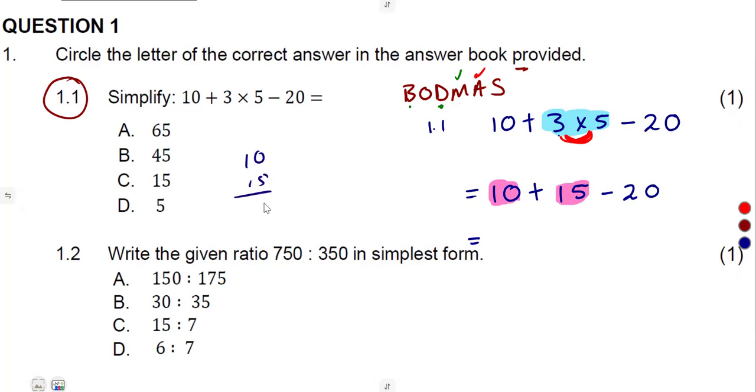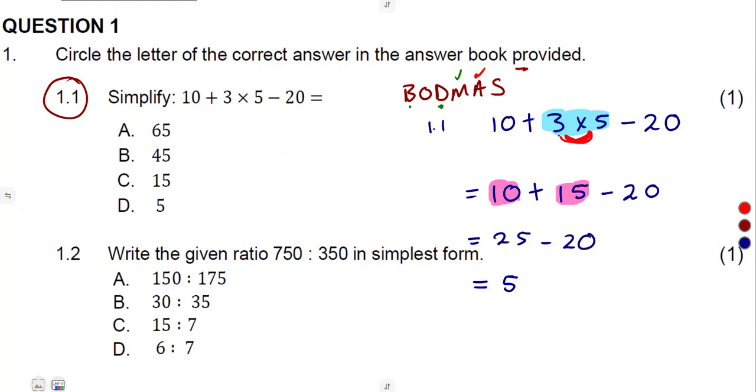You can even use your calculator, guys. So this is 25 minus 20. Then we can consider the subtraction at the end. 25 minus 20 is 5. If you remove 20 from 25, you're going to remain with 5.